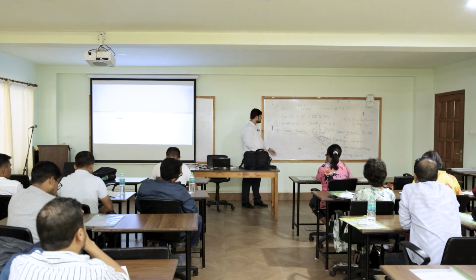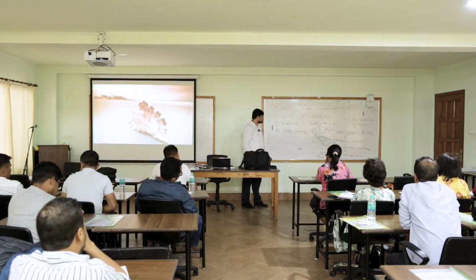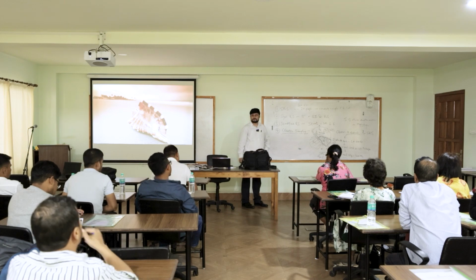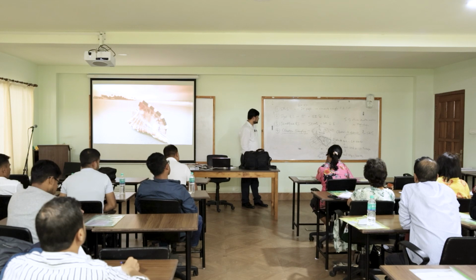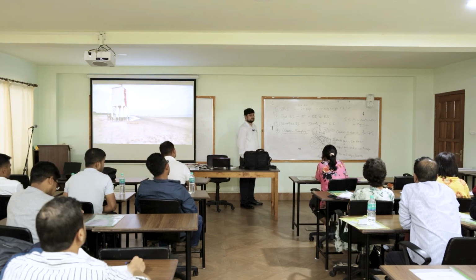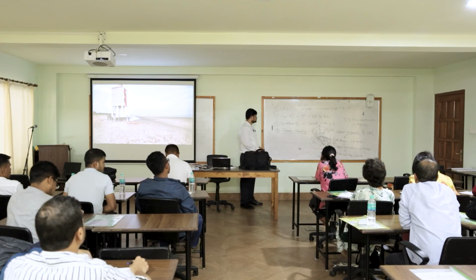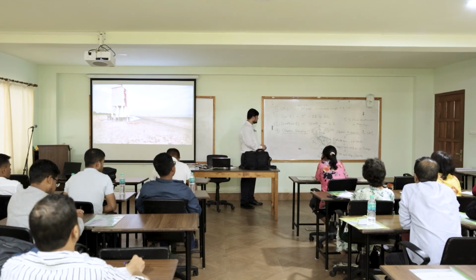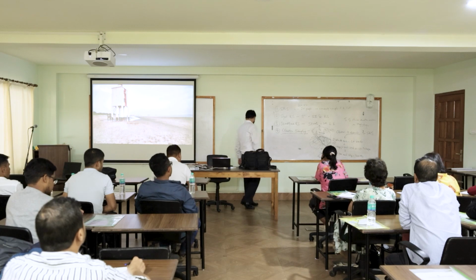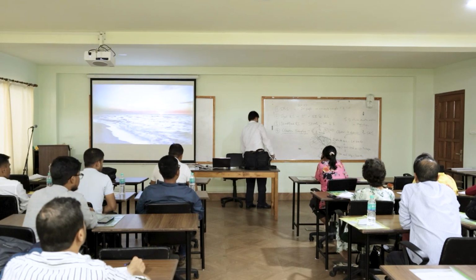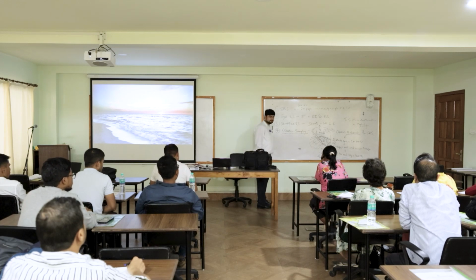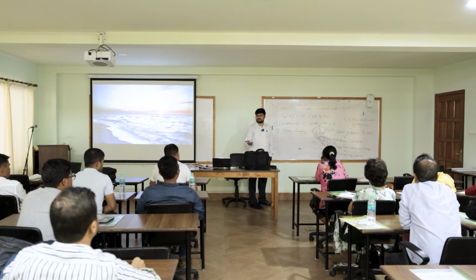How have I done this? Six households. Can anyone tell me how I have done this? Anyone? Ten households were supposed to be selected, right?